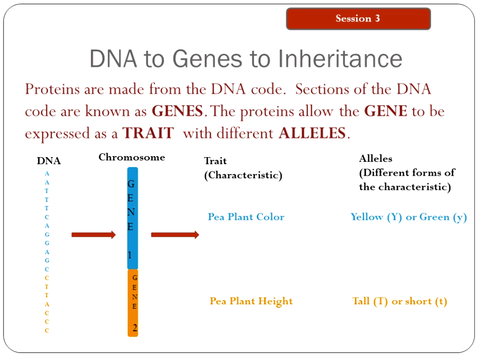And you can see that all of these blue bases equate to one gene, which happens to represent the trait of pea plant color, which can either be yellow or green.